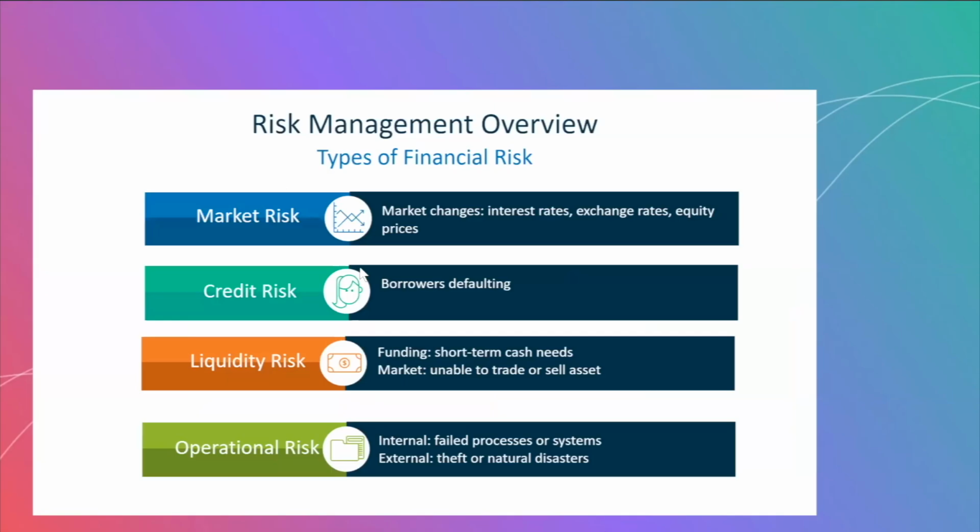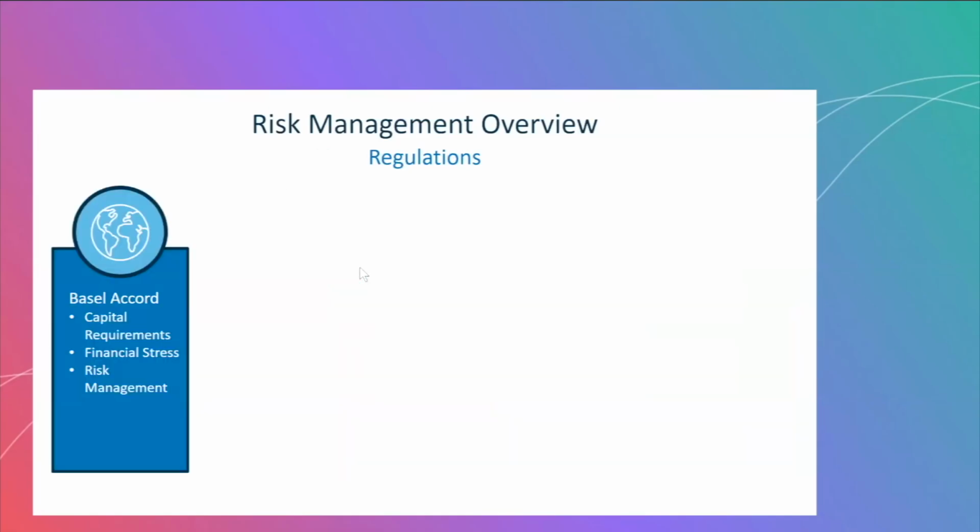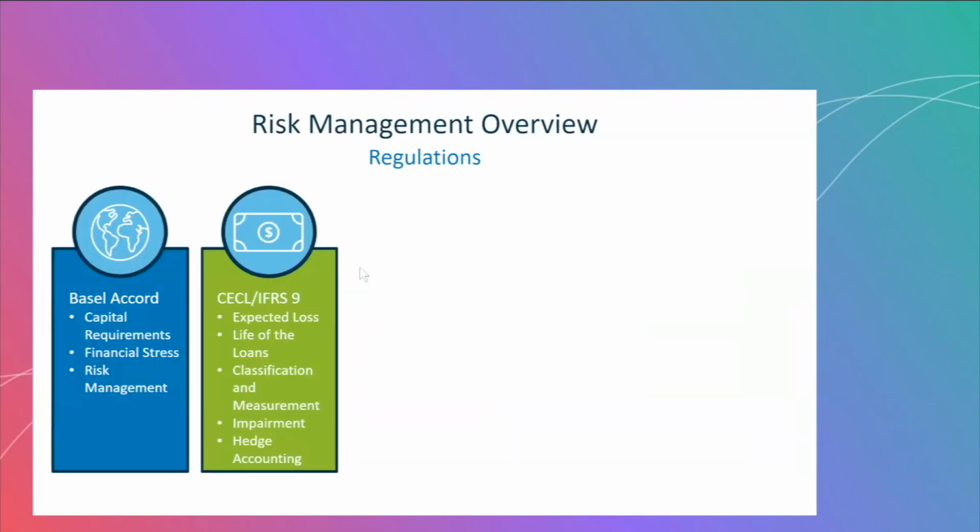And to make sure that organizations conform to all of these guidelines, we have regulatory bodies, sometimes in terms of just guidelines, sometimes in terms of enforcement, so as to make sure that the business is profitable as well as the money is safe.